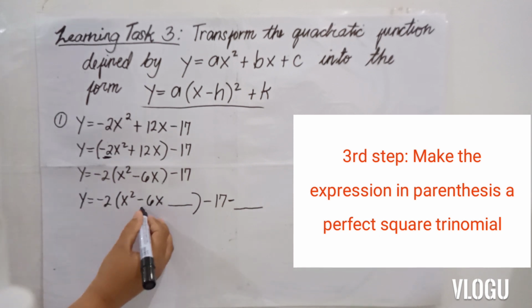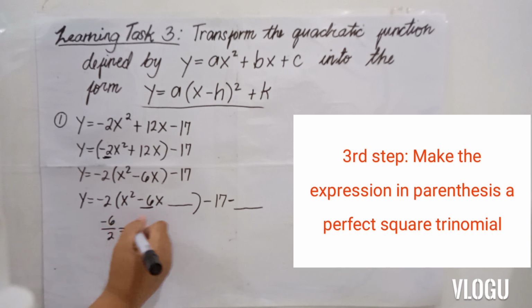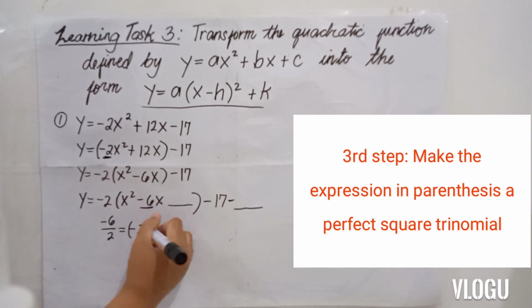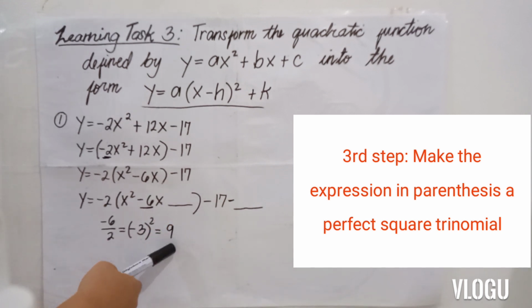So we need to get the value of the coefficient of x, which is negative 6. So negative 6 divided by 2 is equal to negative 3. And then negative 3 will be multiplied by itself to get the number. So negative 3 times negative 3 is equal to 9. Therefore, positive 9 po ang hinahanap natin.